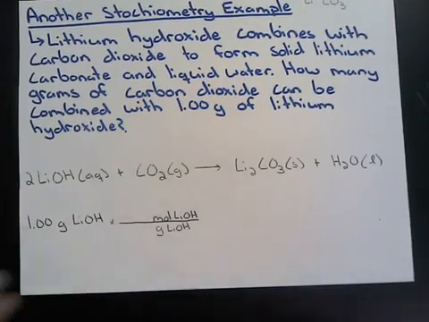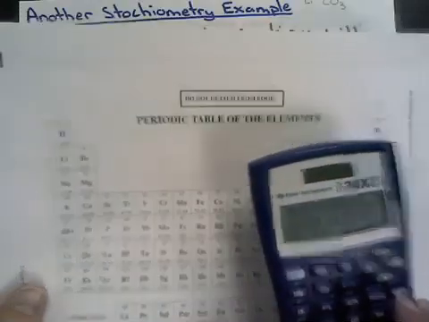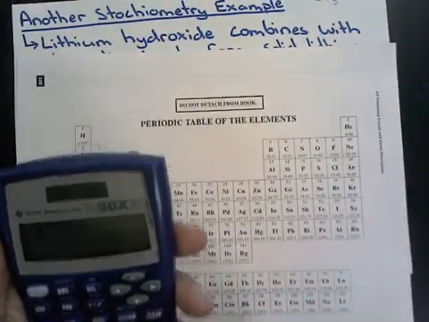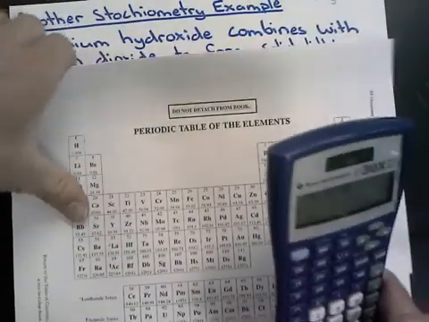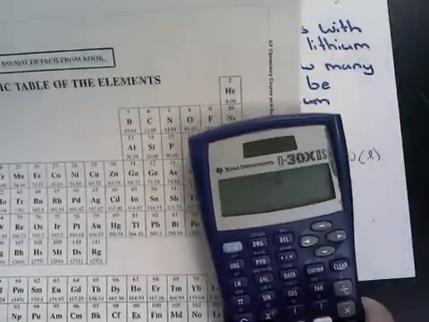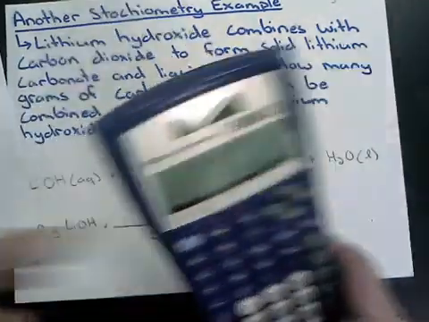So, gram over moles. Remember, we find the molar mass. Lithium has a molar mass of 6.94. So on my calculator, I'm going to put 6.94 plus 1 oxygen. That 1 oxygen, remember, has a molar mass of 16.00, plus hydrogen, which if you look on the periodic table, has a molar mass of 1.008.